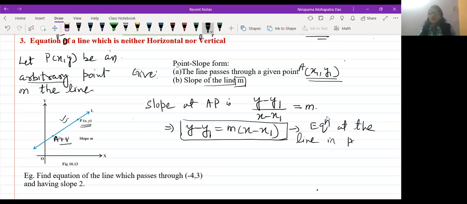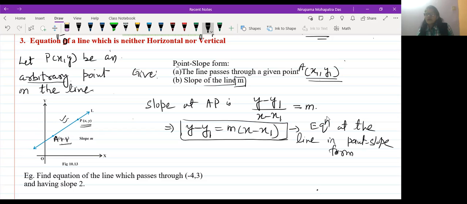So the best way to apply this formula: when can we apply it? Point given, slope given. There is no confusion, right? Whenever you are given a point and slope, it means the line passes through a given point and the slope of the line is given. Sometimes you will be given that the line passes through a given point, and instead of the slope you will be given the inclination of the line.